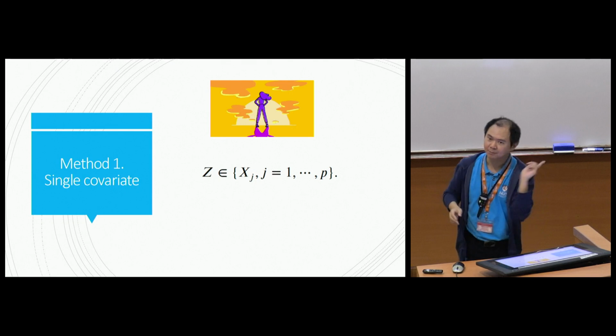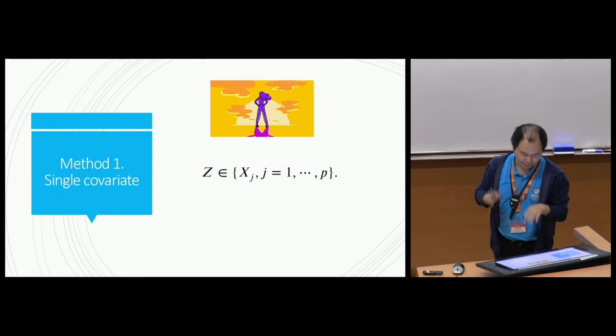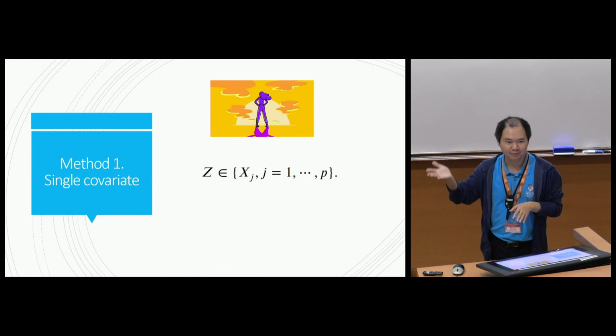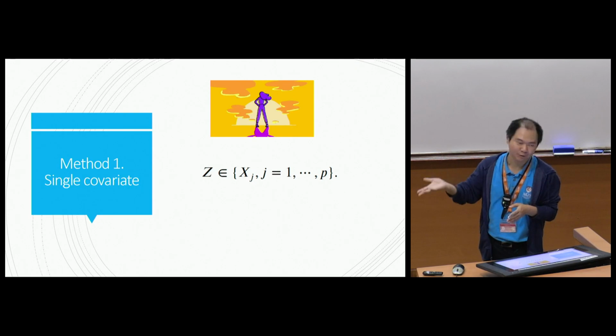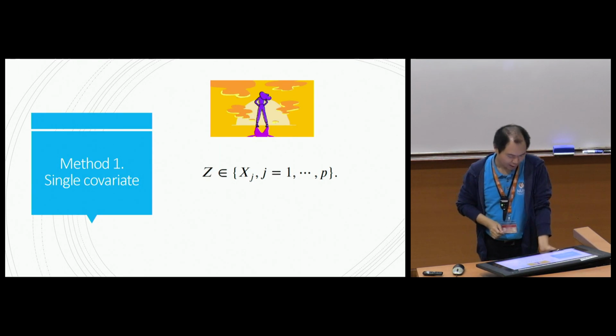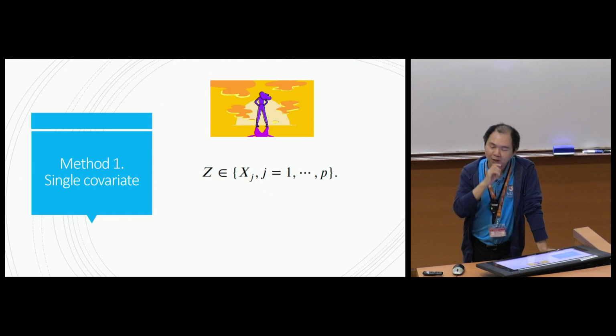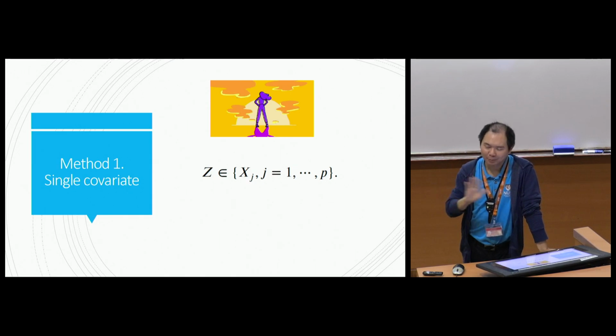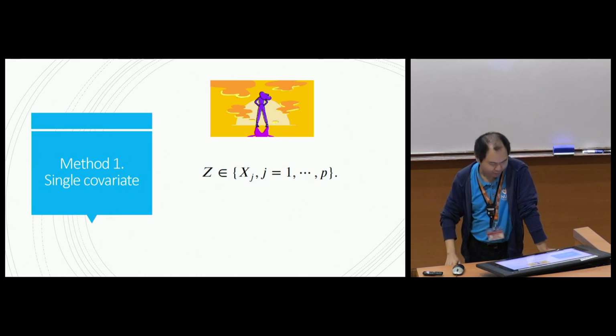So in this method, the thresholding variable z is just one of those x variables. You can use x1 or x2 or others. So that's the first method. The drawback of this method is that this z variable only contains information from a single covariate, so it might miss information from other variables.